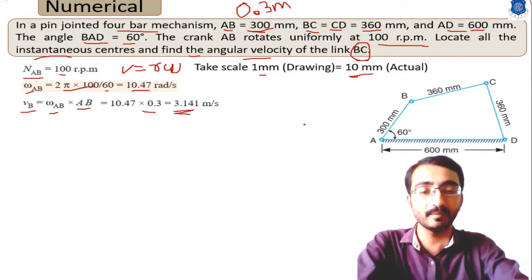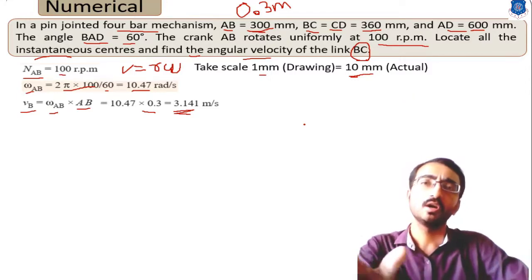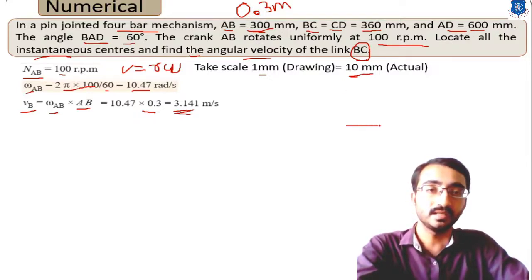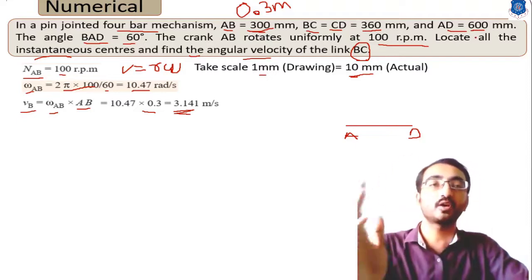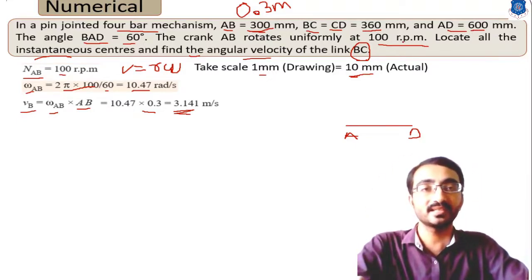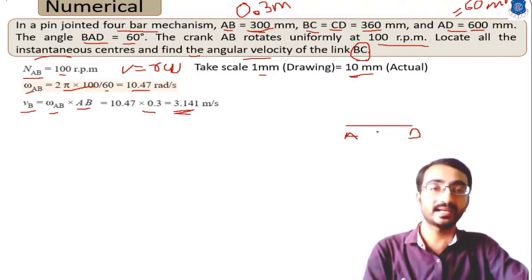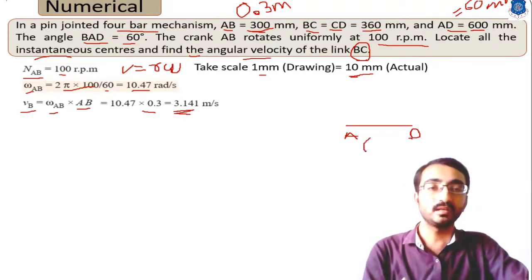To sketch this 4-bar mechanism, let's follow a few steps. First consider link AD, where angle BAD is given. The AD link length is given as 600 mm. Using the scale, you have to represent this as a length of 60 mm, a 6 centimeter line, which represents the actual length of 600 mm.